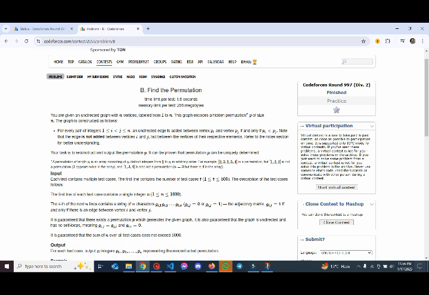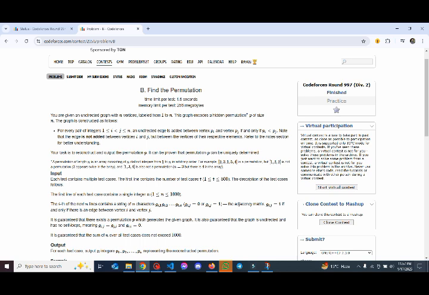If G of i,j is equal to G of j,i, the graph is undirected, and if G of i,i equals 0, there is no self loop.